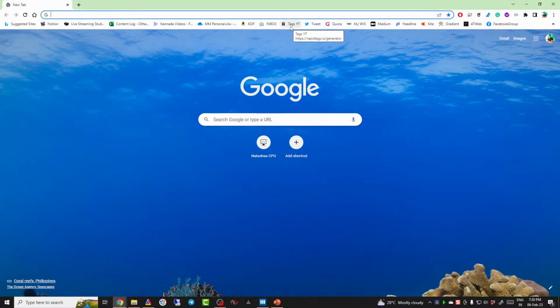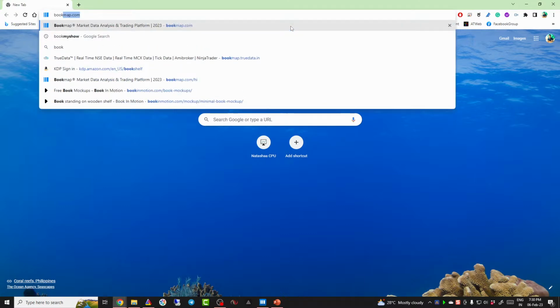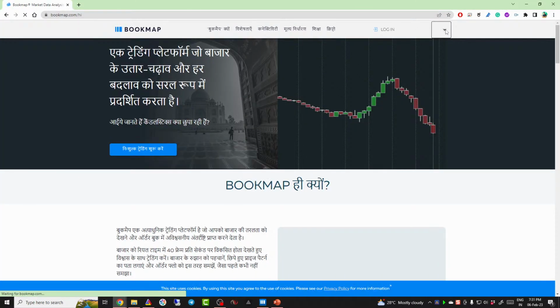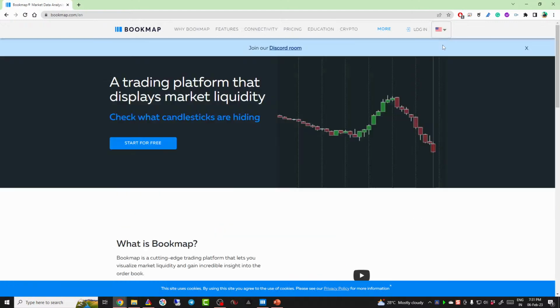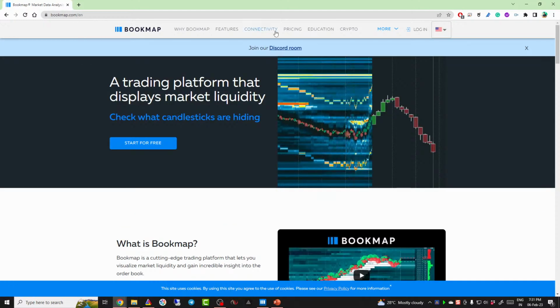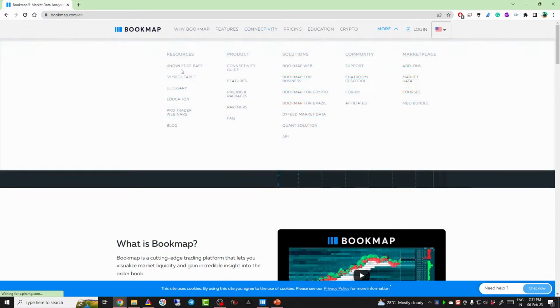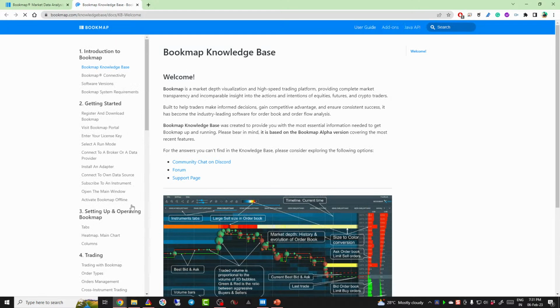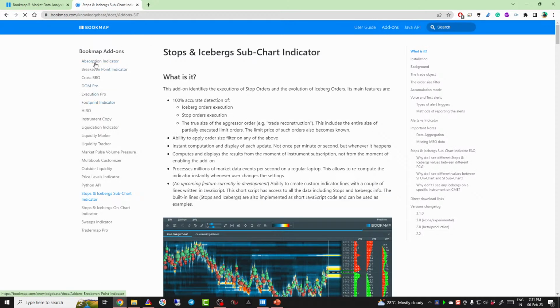will not be installed by default when you get the Bookmap Pro version. You have to go to bookmap.com, in English. If you go to the knowledge base, you will be able to see the information, including add-ons. So you need to visit add-ons and then go to the absorption indicator.